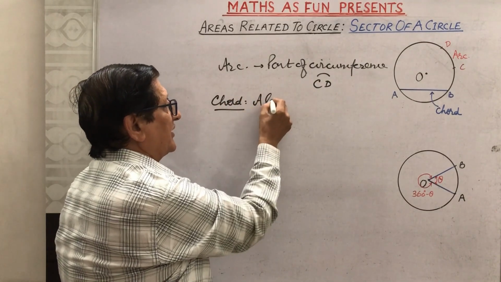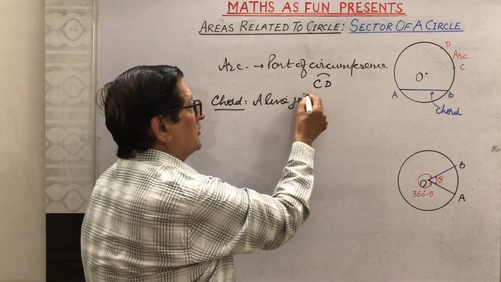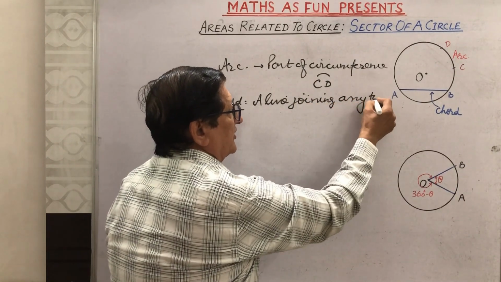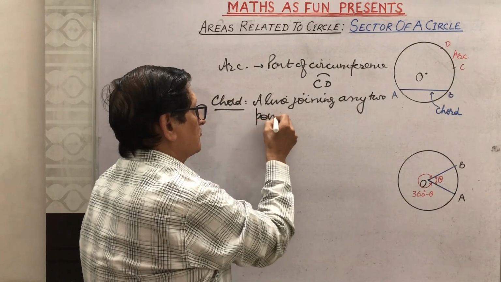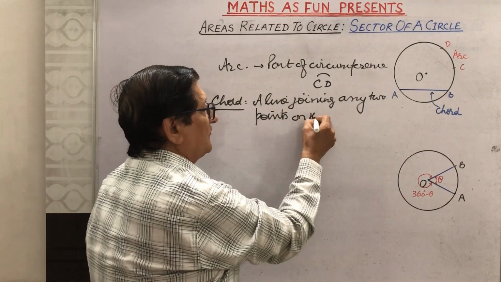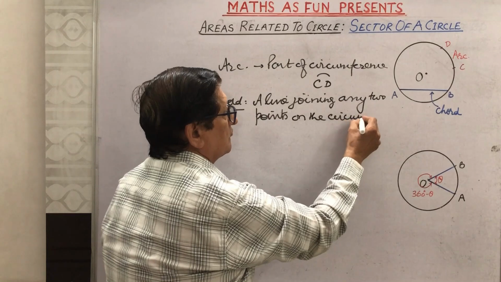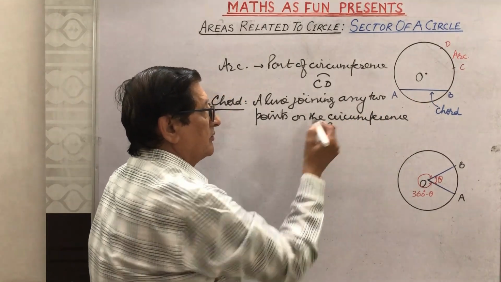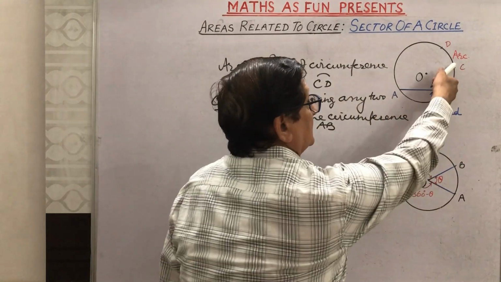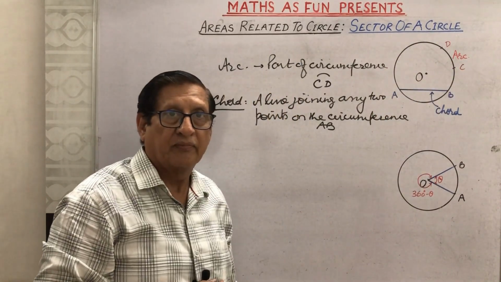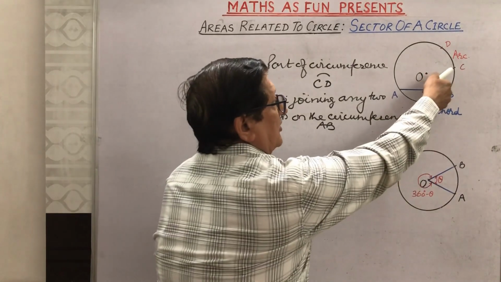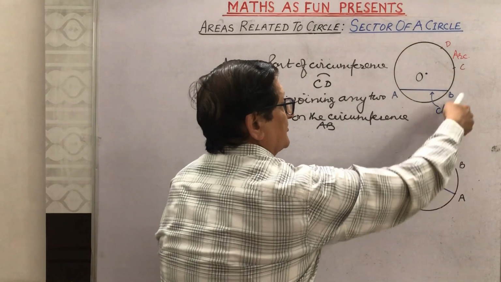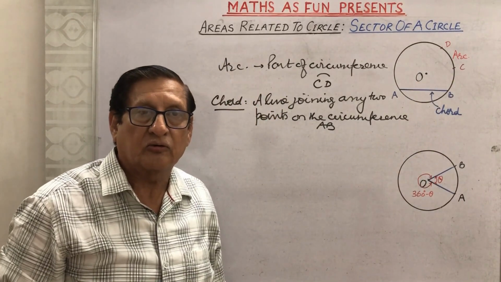Chord is a line joining any 2 points on the circumference. Like AB here. AB is the chord, CD is the arc. And we also know that the smaller arc is known as the minor arc and the major one, the greater one, is known as the major arc of the circle.